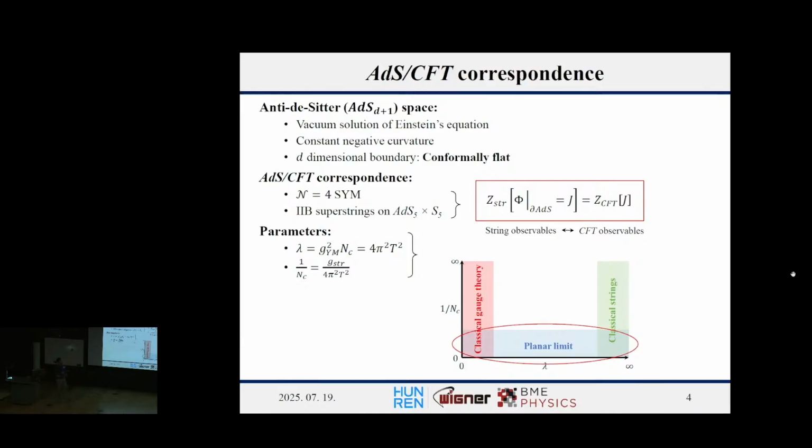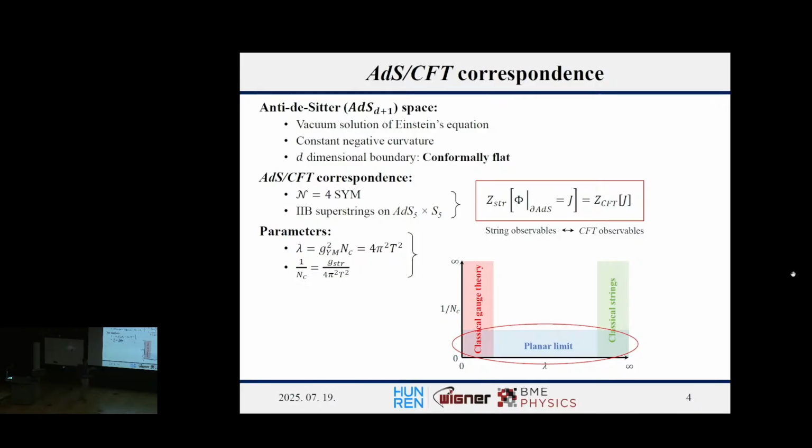Especially in the case of the usual AdS/CFT correspondence, you have the AdS5 space on one side, and what you find is geometrically it has a conformally flat boundary, and then you can take some conformal field theory, especially N equals 4 super Yang-Mills theory on the boundary, and the observables in this conformal field theory can be related to string theory observables on the AdS background.